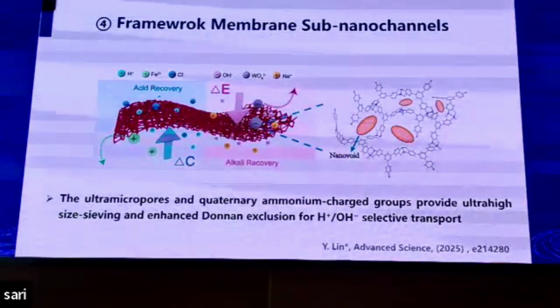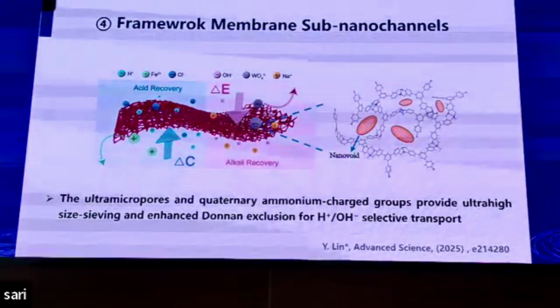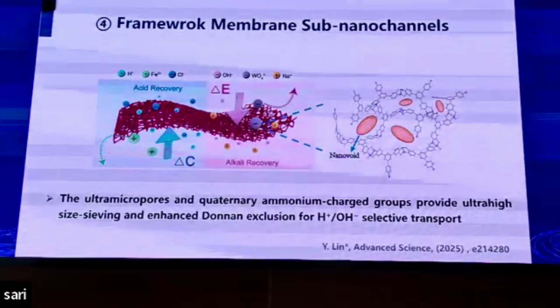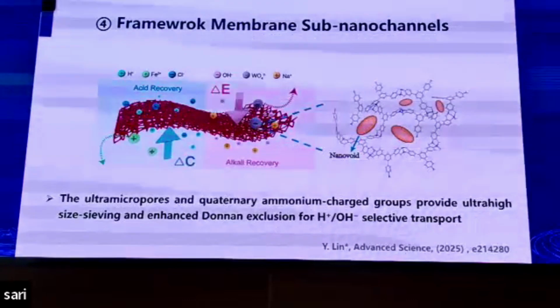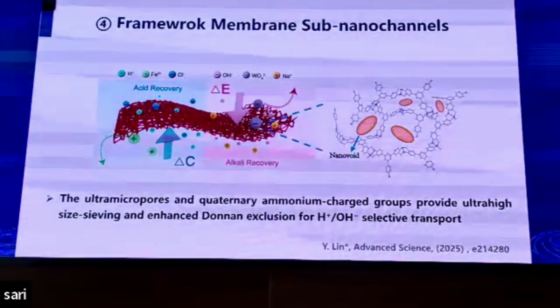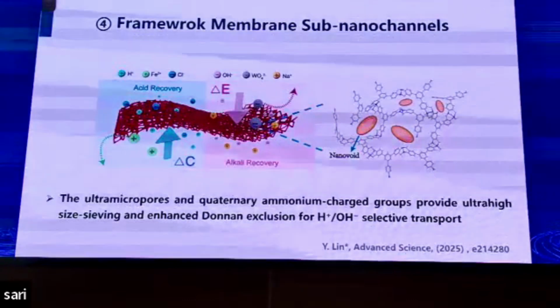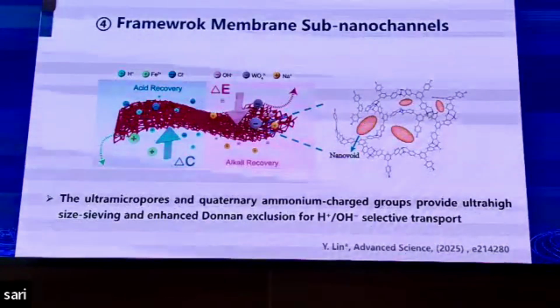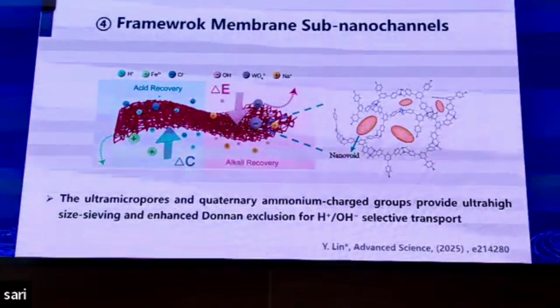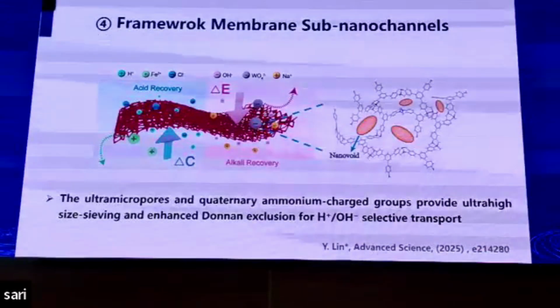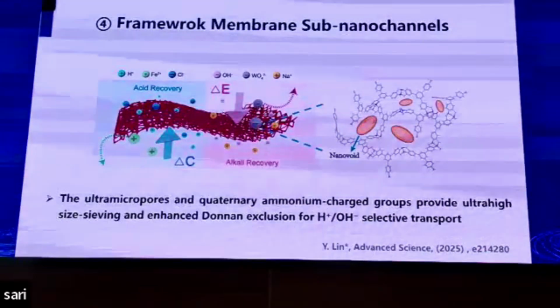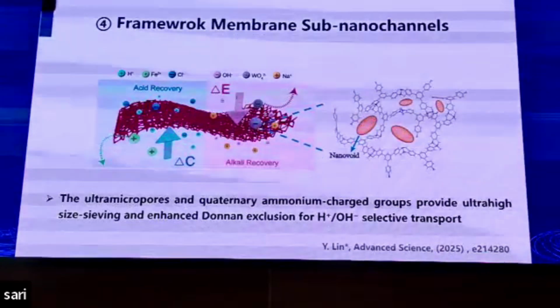In this PIM work, because of its intrinsic porosity, its pore channels can be very tight to let the monovalent ions pass freely. And we think if we make some functionalizations, this membrane can simultaneously separate protons and hydroxide ions, which means it can be used for acid and alkali recoveries at the same time.